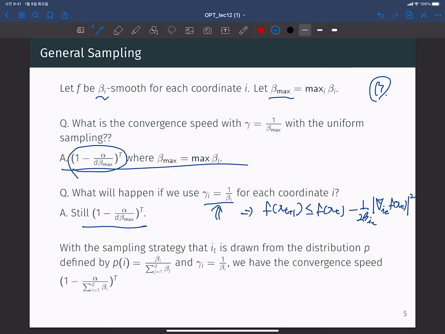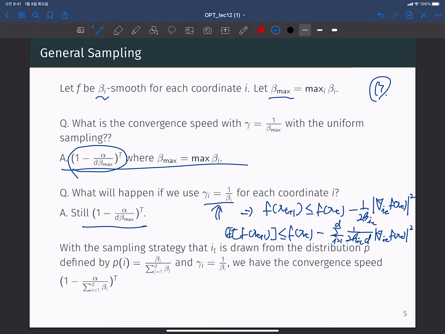But when we take expectation of f(xt plus 1), since we sample from a uniformly random distribution, this is f(xt) minus the sum over i from 1 to d of 1 over 2 beta i times d times the gradient squared.